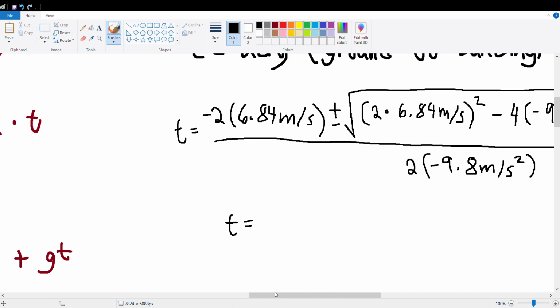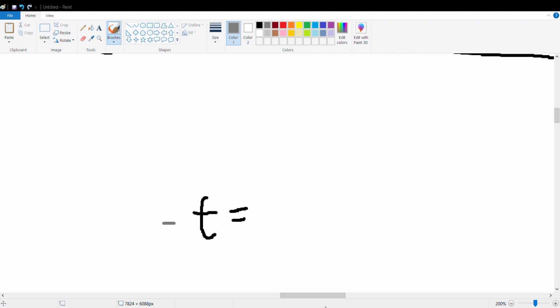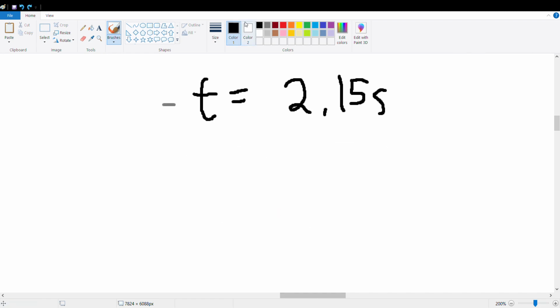So if we use a minus sign, then our answer for that would be 2.15, which already is the final answer. This is it. But if you use the positive sign, it would actually give you a negative value, which is negative 0.76 seconds.